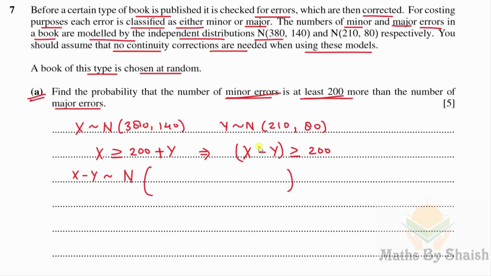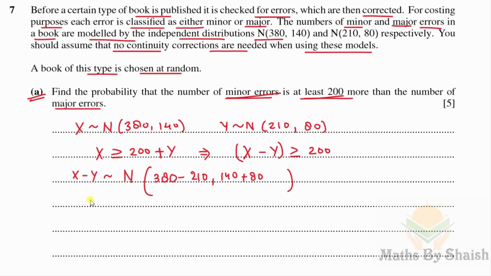The parameters: the mean would be mean of x minus mean of y. So it becomes 380 minus mean of y, that is 210, and the variance would be 140 plus 80. We will not take minus here in the variance.